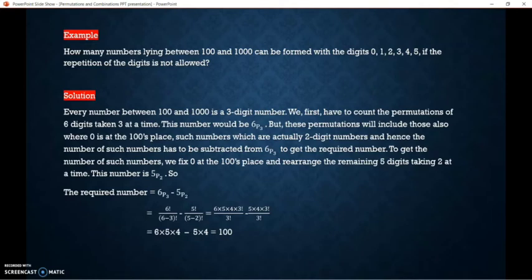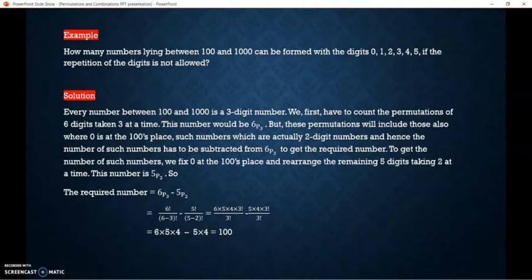So we take all the 6 digits and form a 3 digit number. That means this is a permutation of 6 objects taken 3 at a time, so we get 6p3. Now 6p3, using the previous formula, is 6 factorial upon 3 factorial, which comes out to be 120. So there will be 120 possible arrangements of these 6 digits taken 3 at a time.